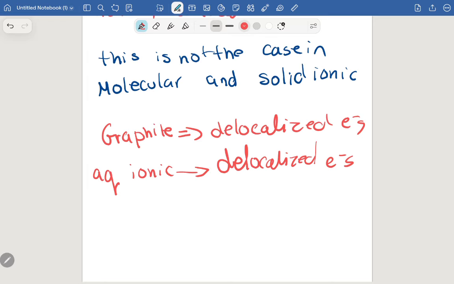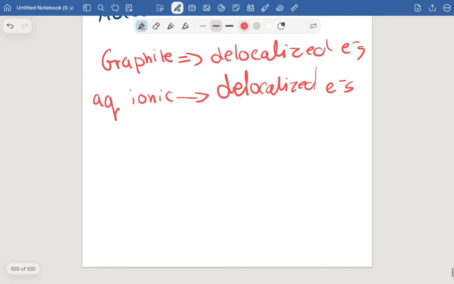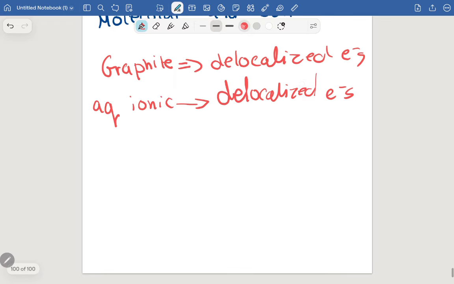Now we finished discussing electricity. Let's discuss a bit of heat. Heat is not too long. So heat, how is the conductivity of heat caused? It's very simply caused by the vibration between metal ions and its neighbors and movement of delocalized electrons.